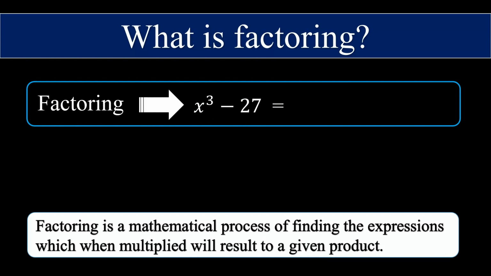X cubed minus 27. Kaning x cubed, pasabot ni niya, x times x times x. Ang kanitong 27, actually this is a cube number. Cube number kaya multiply siya katulo. So 3 times 3 times 3.